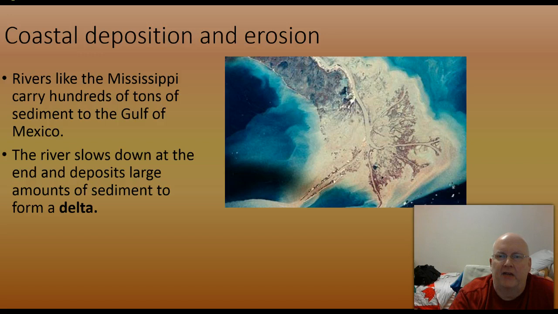One really spectacular place to see this is at the mouths of very large rivers like the Mississippi or the Nile. At the end of those rivers, the water's moving so slowly that none of the sediments can stay moving in the water, and they're all deposited, and they spread out over very large, sometimes triangular-shaped areas, and that's where the word delta comes in.